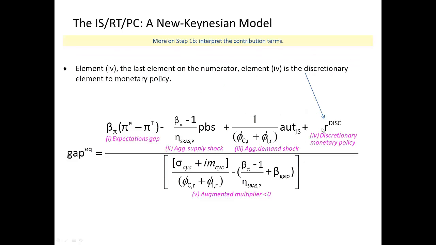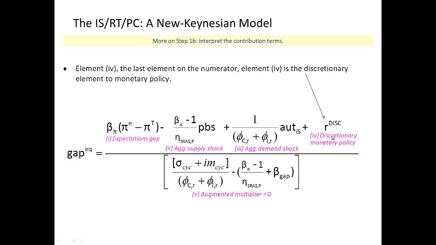So let's look at our last element here. This is discretionary monetary policy. This one's kind of easy because we're not multiplying it by anything. Now, our intuition should tell us that when our central bank tightens on a discretionary basis, it's squeezing out some aggregate demand, some consumption and some investment. And what does that mean? That means that the gap should go down. And then if we have a discretionary loosening, that means that the interest rate goes down, our gap should go up.